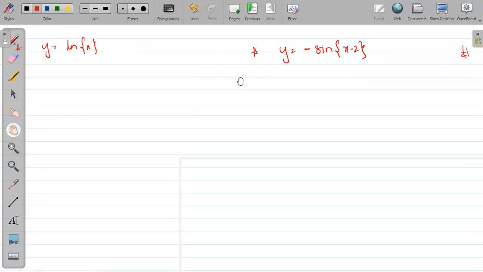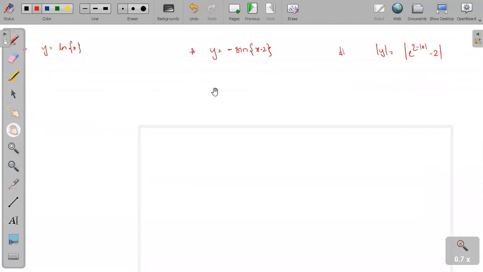And if you are having doubt at any time, just by putting random points, you can check the graph, whether you are getting the correct nature or not.